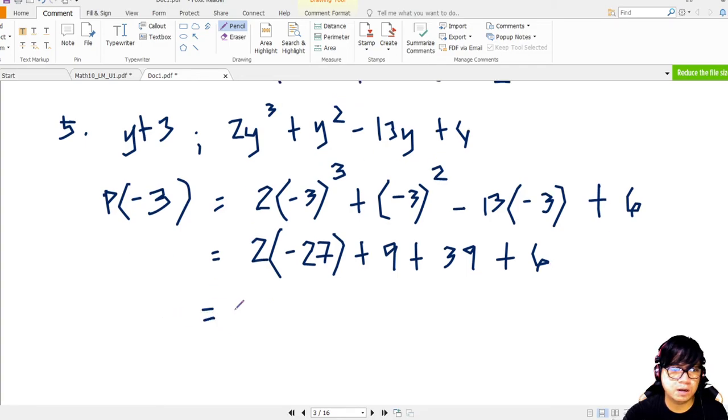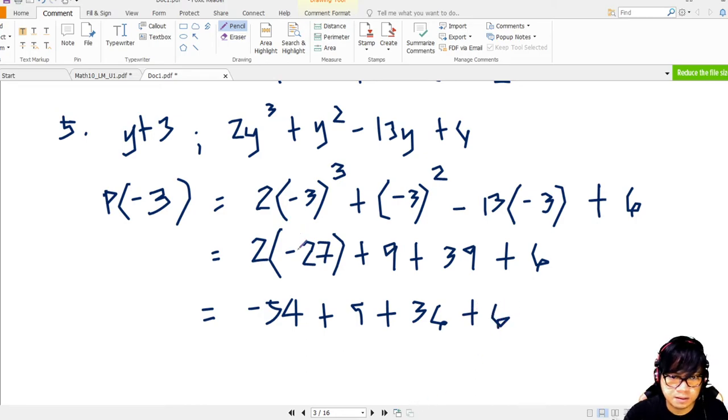So, this one, negative 54. 2 times negative 27 is negative 54. Plus 9 plus 39 plus 6. So, i-add natin ito: 9, 36, and 6.